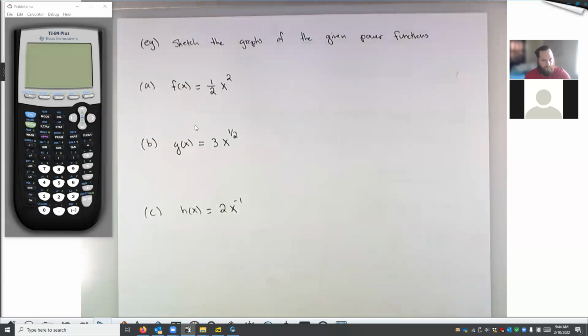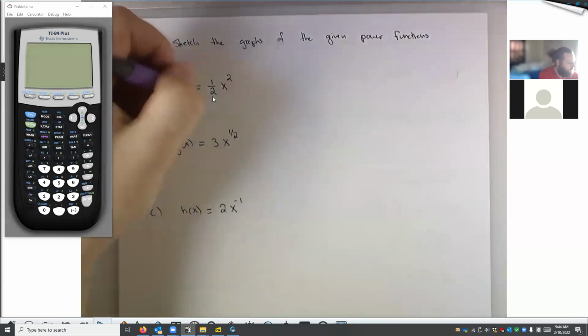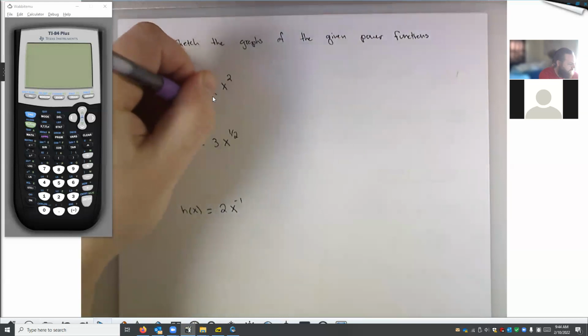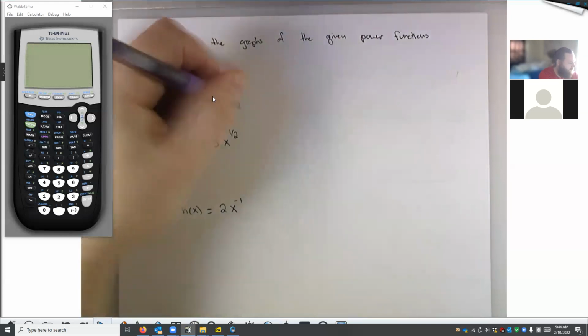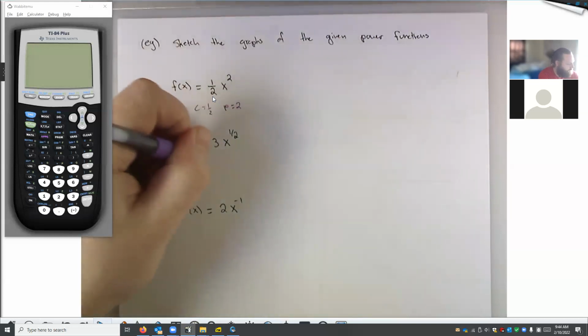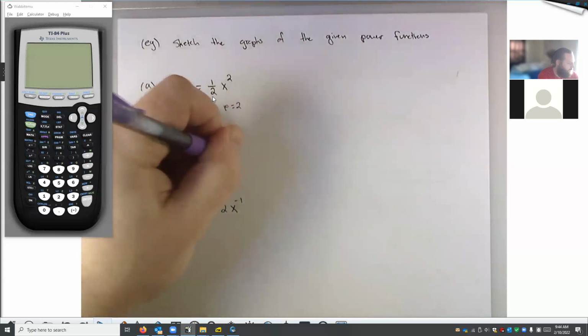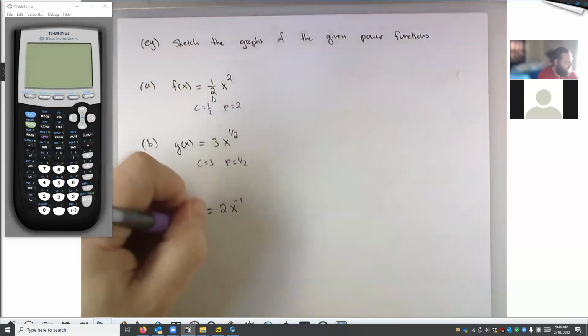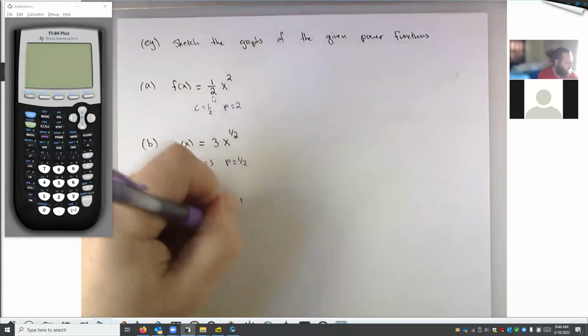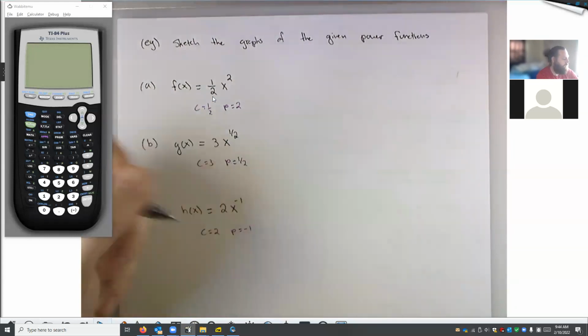So the first thing I'm going to do here is just annotate with the values of the constant. Here c is 1/2 and p is 2. Here c is 3 and the power p is 1/2. Here c is 2 and the power p is -1.